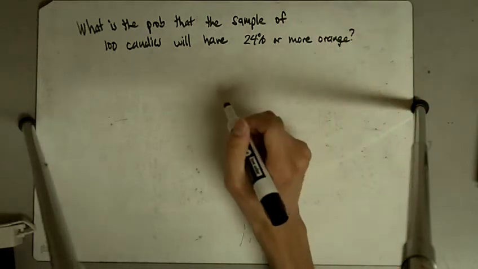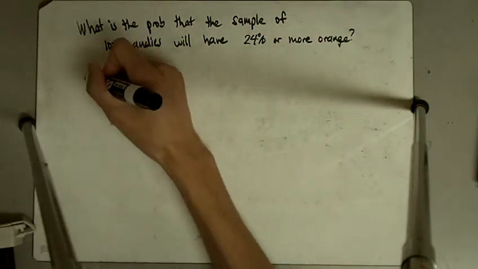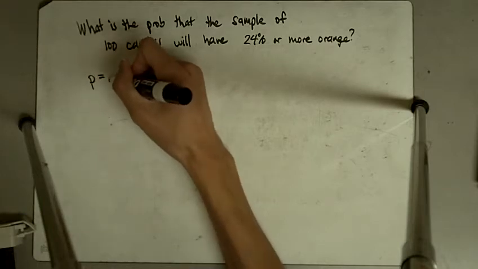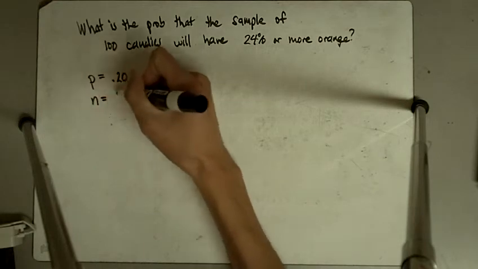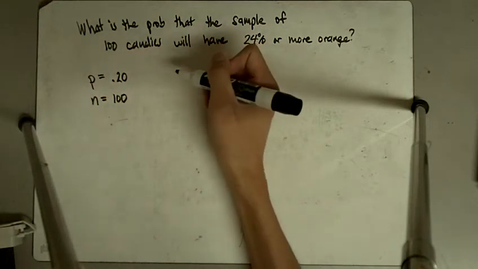Okay, so 729 said that p, the proportion that's orange, is 0.20, and we are taking samples of size 100.